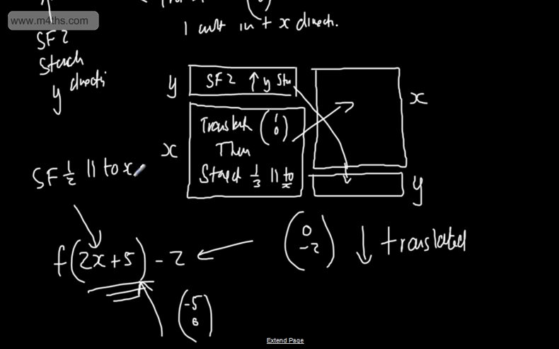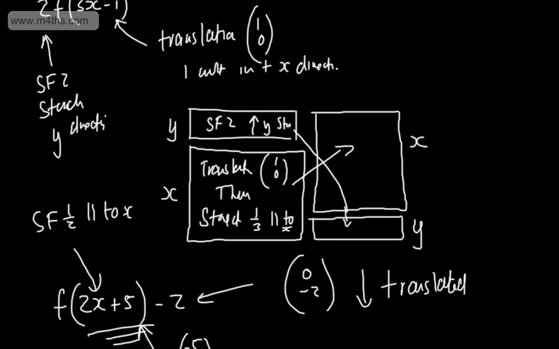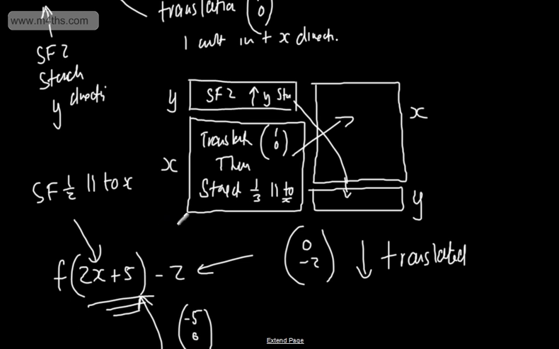But as long as we're carrying out the translation in the x before the stretch, we can actually do the translations together. I would prefer to think about it like this if you want it in very algorithmic terms. Essentially, we could carry this out as a combined translation and then apply the stretch. Hopefully that hasn't baffled you too much, but it should give you some idea of the order in which you could carry them out.